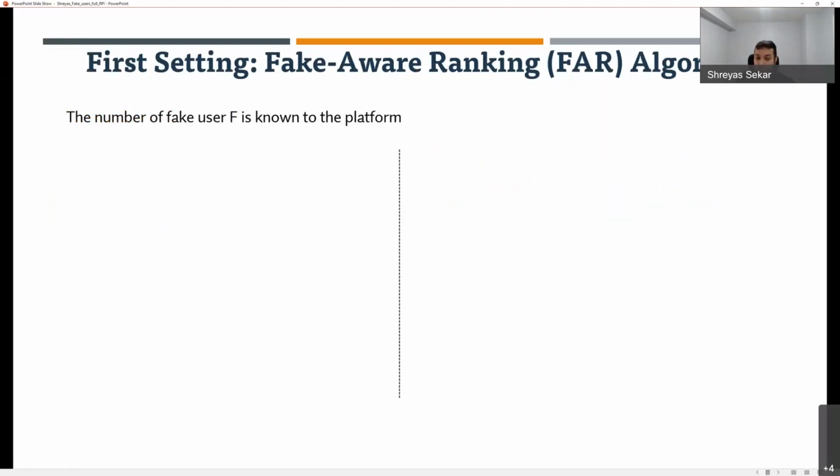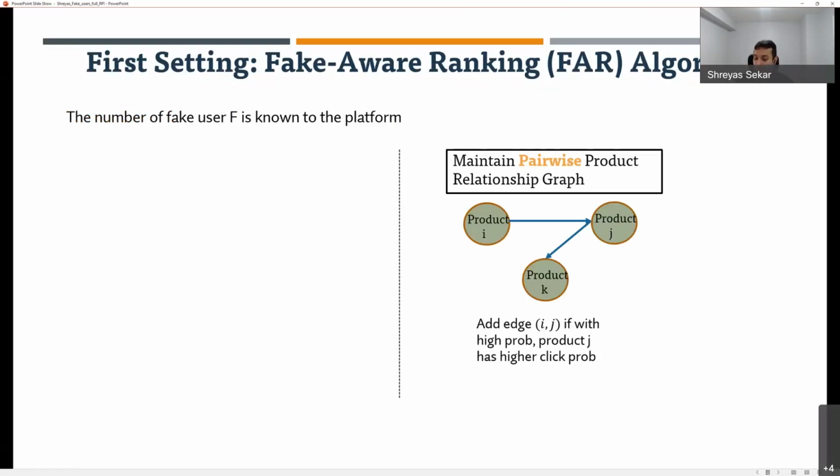So let's start with the traditional algorithm and let's try building it along 2 dimensions. The first thing I'm going to do is take the traditional UCB type algorithm. Now, instead of just maintaining an upper bound on the click probability of each product, I'm going to start maintaining a product relationship graph. The nodes of this graph are the different products.